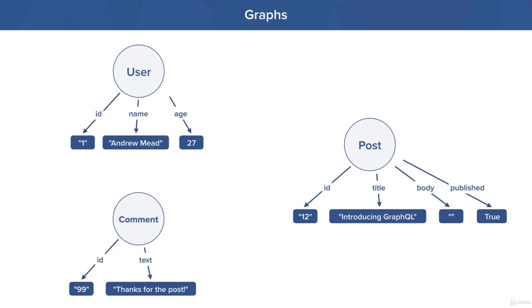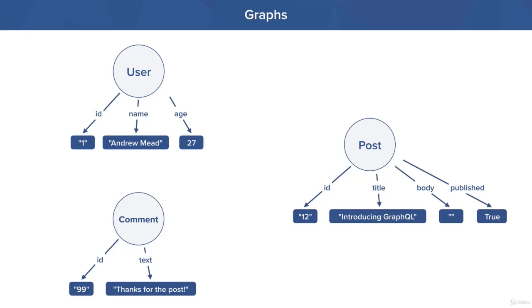If you have used any NoSQL database such as MongoDB, the user, post, and comment are like collections, and ID, name, age, and other things are like fields on that particular document. So the database doesn't matter when using GraphQL. You can use any database, and it is platform independent. You can use it on any platform.